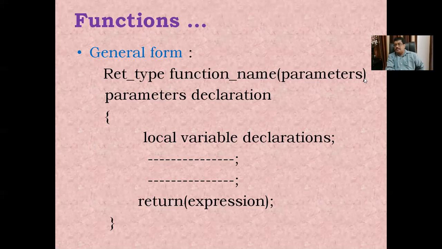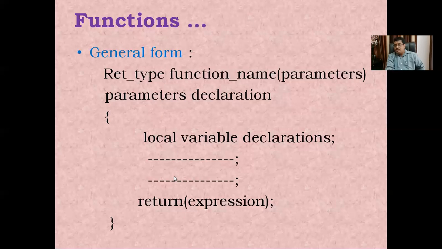Within parentheses, we specify the parameters. In the second line, we declare the parameters we specified here. After that, within opening and closing braces, we write the body of that function.